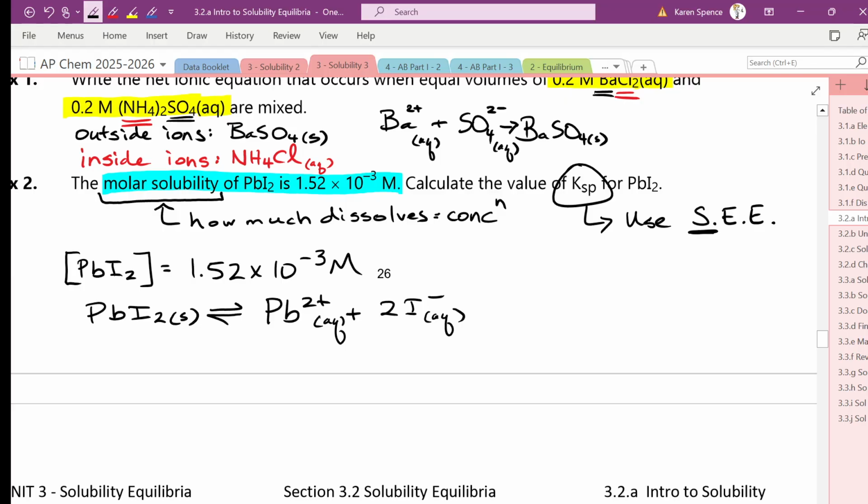Now, we have not yet learned how to do KSP calculations, but you spent a whole unit doing KEQ calculations, and you just spent a unit doing KA calculations, yes? Could you write the KSP for this equation? I bet you could. Give it a go. Write the KSP for this equation.